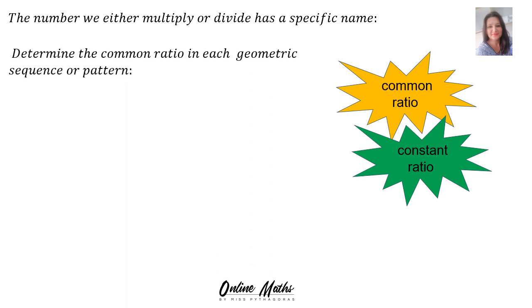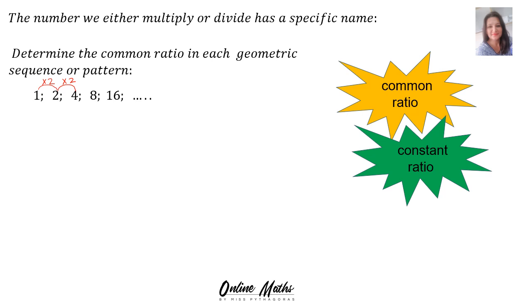Let's do some examples. Determine the common ratio in each geometric sequence or pattern. Now that implies we are looking for a number that we can multiply or divide with to get to the next term. So if you look at my sequence, to get from 1 to 2, we multiply by 2. To get from 2 to 4, we multiply by 2.